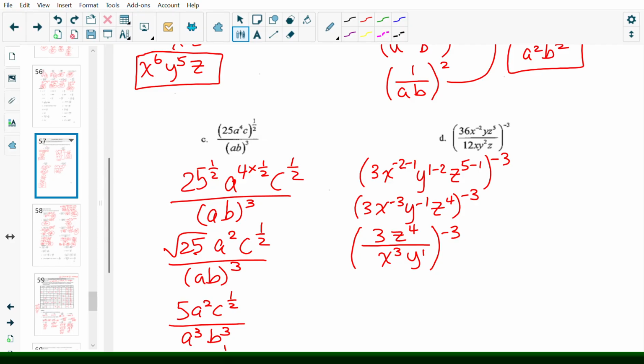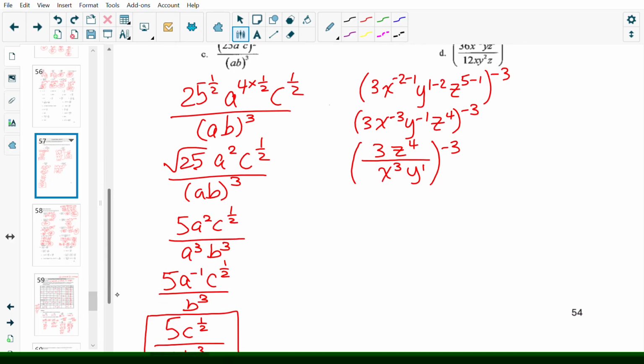Okay, now let's take care of this negative exponent -3 by using the negative exponent rule for fractions. I can flip what's on the inside, x cubed y over 3z to the 4th, and then I can make this exponent positive. That's the rule. Now all the exponents are positive, everything's simplified within the brackets.